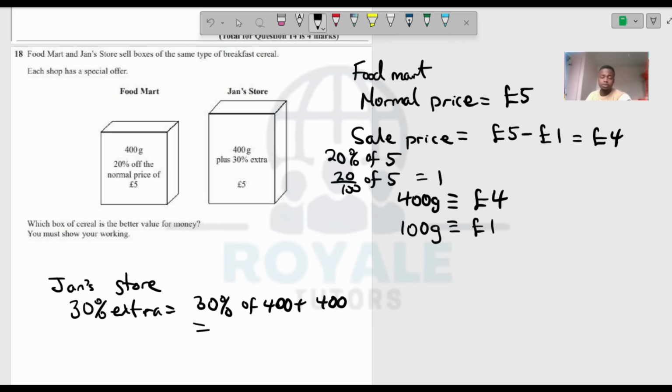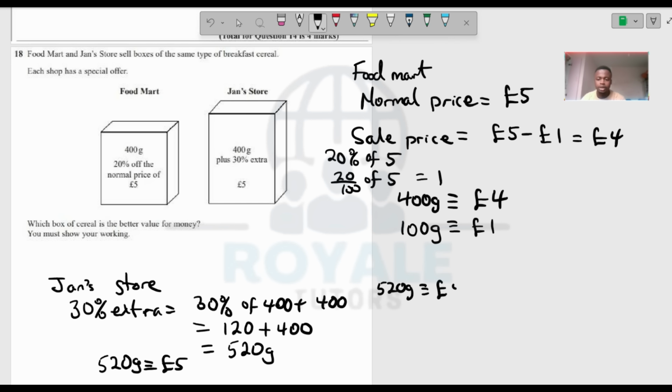If you do 30% of 400, you get 120, then plus 400. You can check our video on percentages if you want to learn how to do that. If you add them together, you have 520 grams. That means at Jan's store, I'm going to have 520 grams for £5.